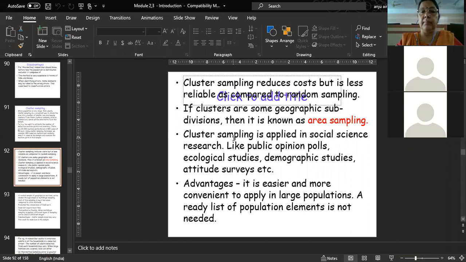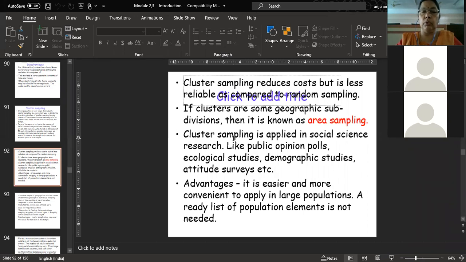So the cluster sampling technique can be used in social sciences research when you want to do ecological studies, you want to study the environmental damage or what changes are happening in the environment, then you will do cluster sampling to get your sample.